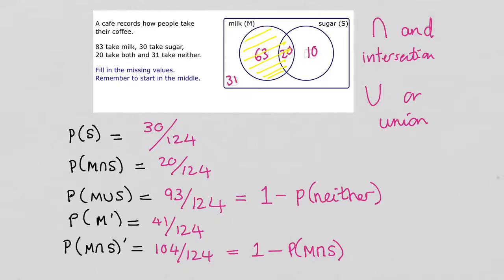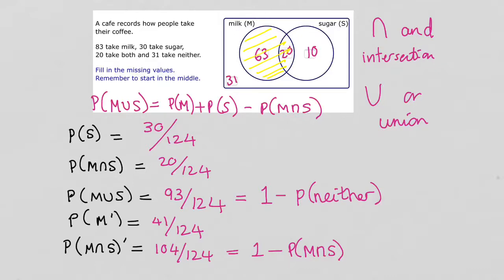Now, something just to notice, the probability of milk or sugar is the same as adding the probability of milk plus the probability of sugar, take away the probability of them both. It's probably obvious to you, but there will be a formula related to this.